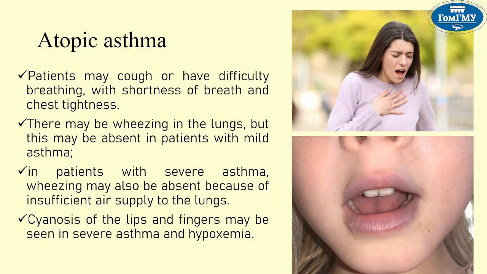Atopic asthma: patients may cough or have difficulty breathing with shortness of breath and chest tightness. There may be wheezing in the lungs, but this may be absent in patients with mild asthma. In patients with severe asthma, wheezing may also be absent because of insufficient air supply to the lungs. Cyanosis of the lips and fingers may be seen in severe asthma and hypoxemia.